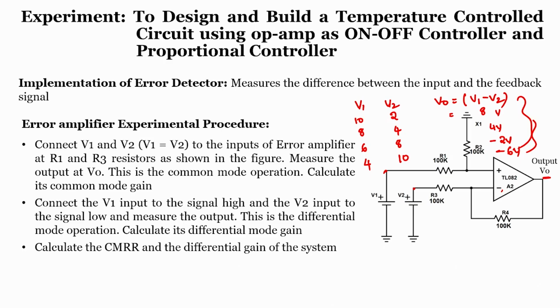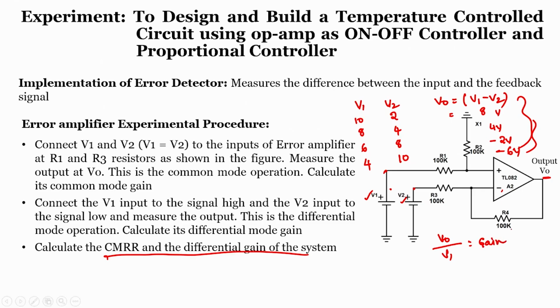In order to calculate the gain as well as the CMRR value of the system, practically as well as theoretically, we can apply the same signals at V1 and V2 and see what output voltage we get. V out by the input voltage which we connect is nothing but the gain of the system.